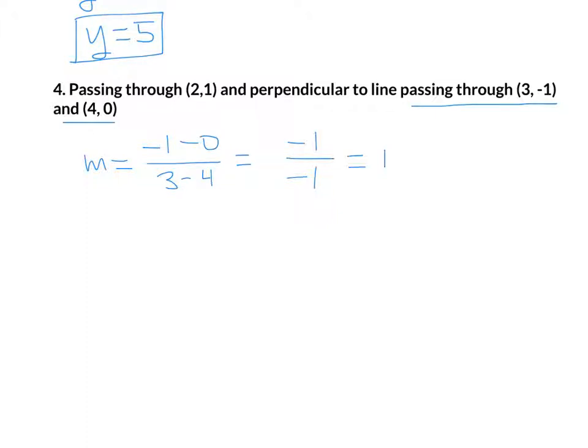All right, we want to find b. So to do that, our goal is to get b here. We know that the slope is 1, and we can use one of these 2 points that we have to plug in for x and y. So let's use the one with the 0 in it. So the y is 0, slope is 1, x is 4, and what we're solving for is the b.